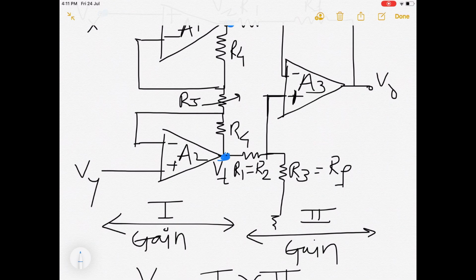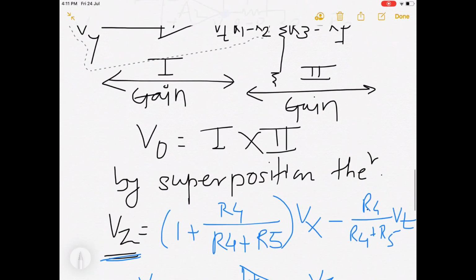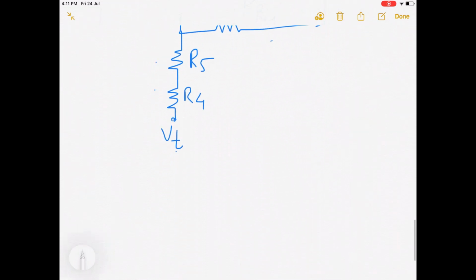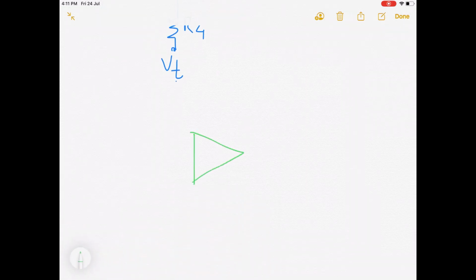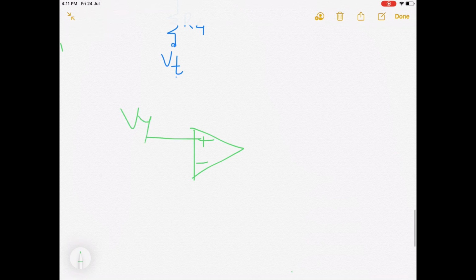The circuit diagram is plus, here is plus minus, input is here Vy and here the feedback resistor is R4.